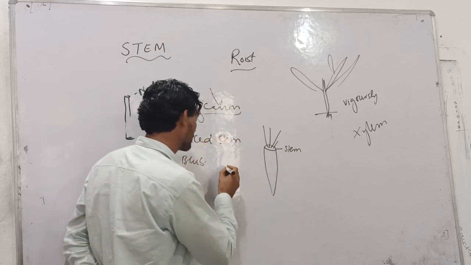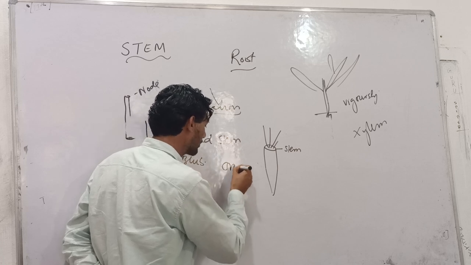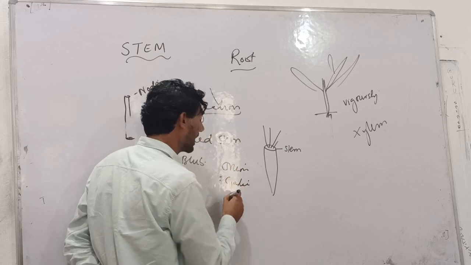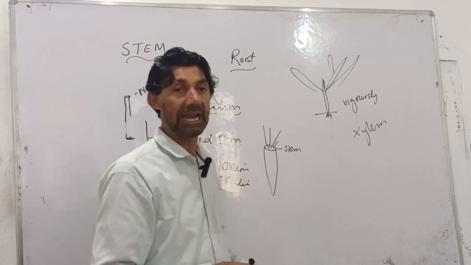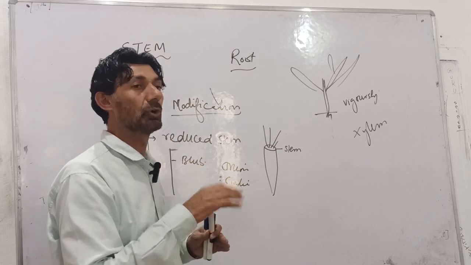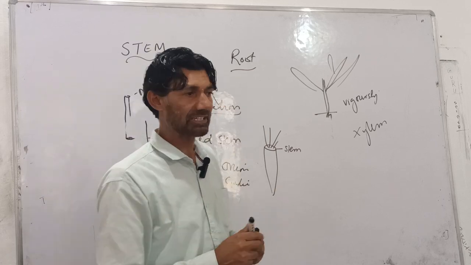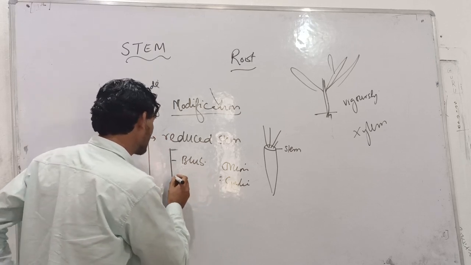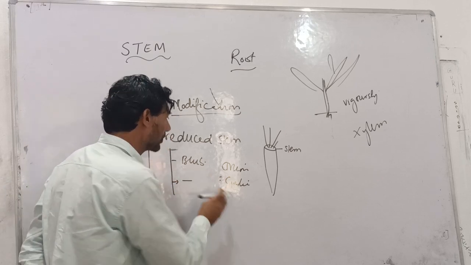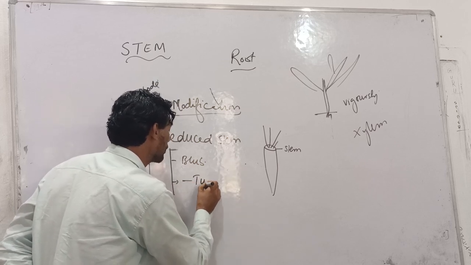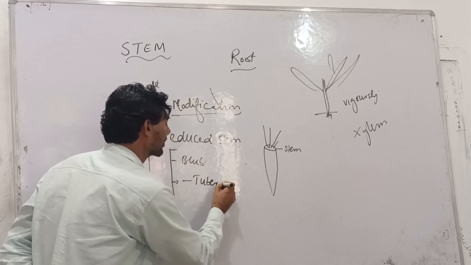An example is onion, garlic, turnip, radish, carrot. The stem is reduced to a disc-shaped structure. So onions have a bulb-shaped structure, and potato has a tuber-like structure. That is called as tubers.